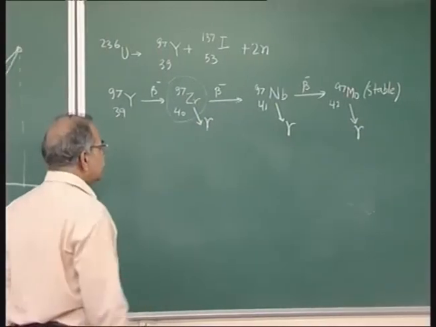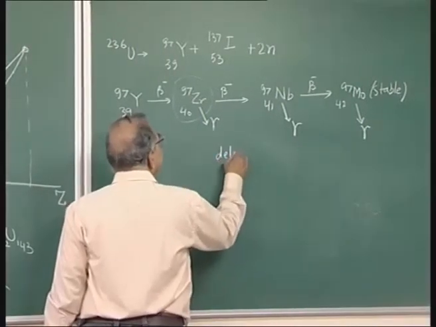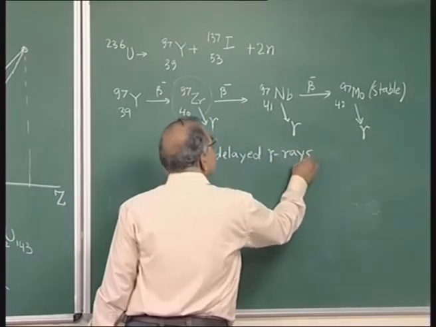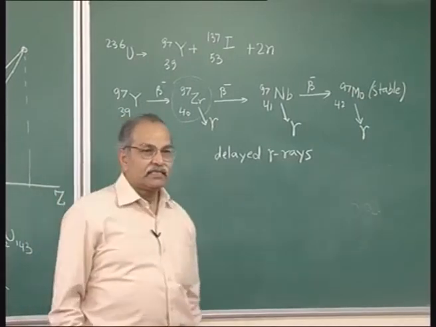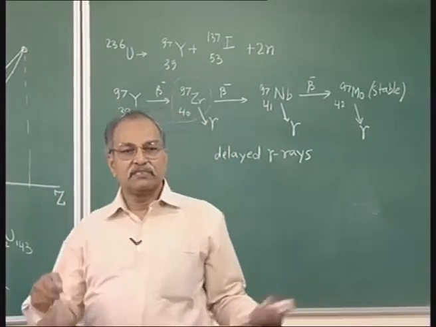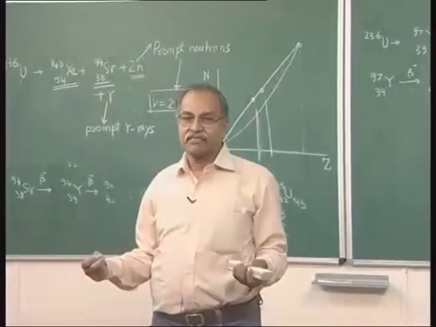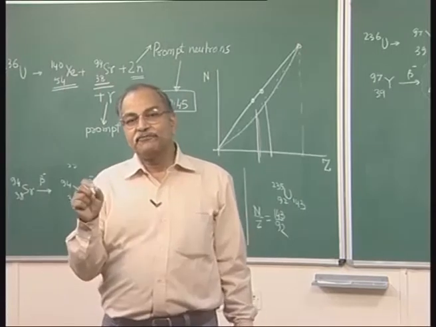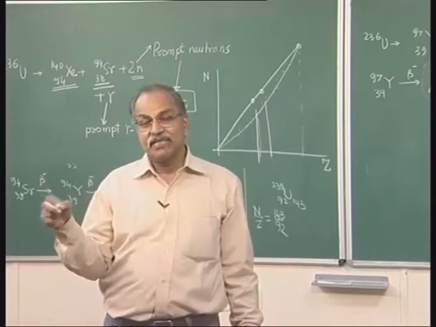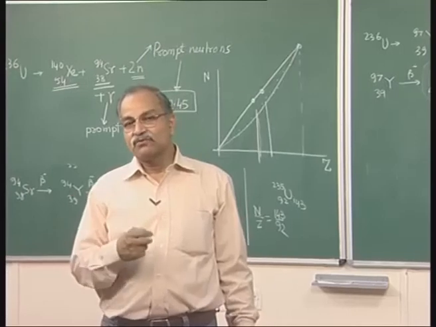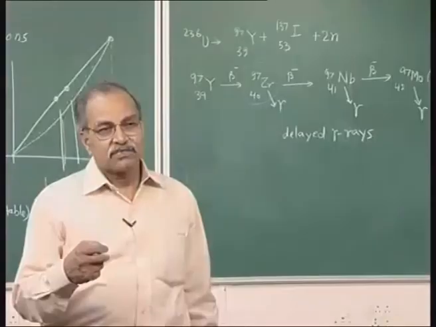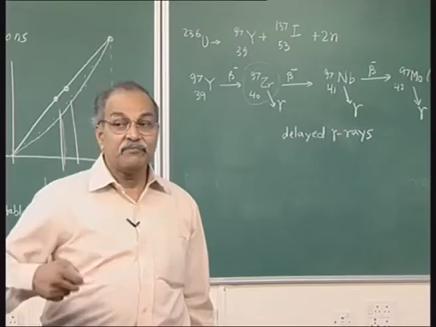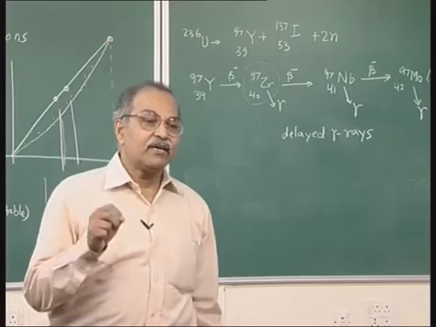These are delayed gamma rays. Prompt gamma rays come just after the fission, from the fission fragments, and delayed gamma rays come from the products of the beta decays. These fragments beta decay to convert a neutron into a proton, and the daughter nuclei created emit gamma rays, known as delayed gamma rays.